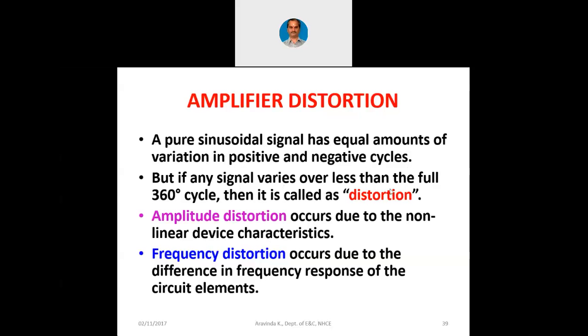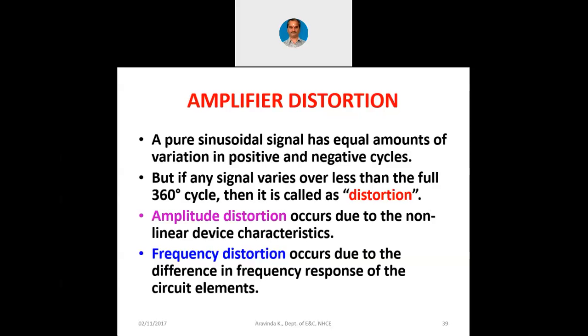But if any signal varies over less than the full 360-degree cycle, then it is called distortion. Means, in this 360-degree cycle, if the amplitude does not follow the continuous nature, and even if the frequency does not remain constant in this 360-degree cycle, then that is called amplitude distortion and frequency distortion.